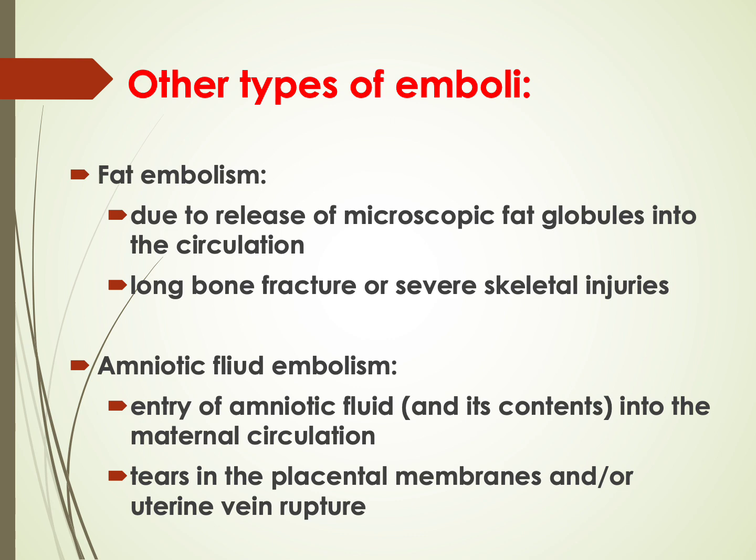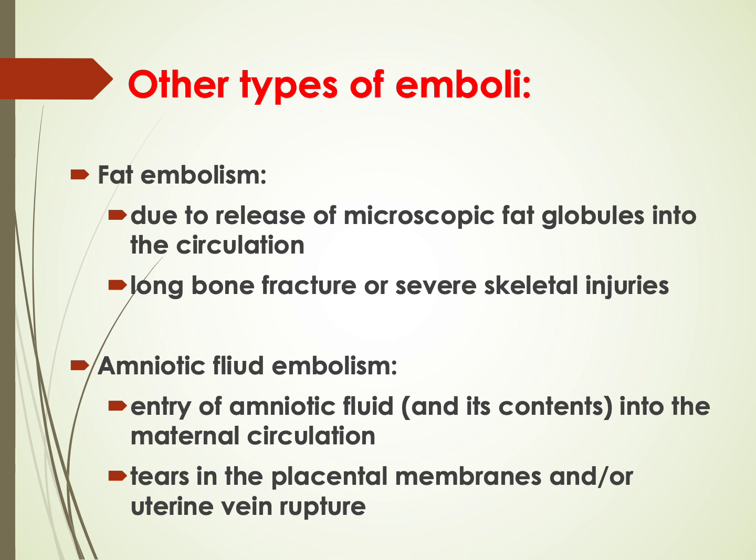Another type of embolism is the amniotic fluid embolism, and it's an uncommon complication of labor, due to the entry of the amniotic fluid and its content into the maternal circulation. This happens due to a tear in the placental membranes and or uterine vein rupture.